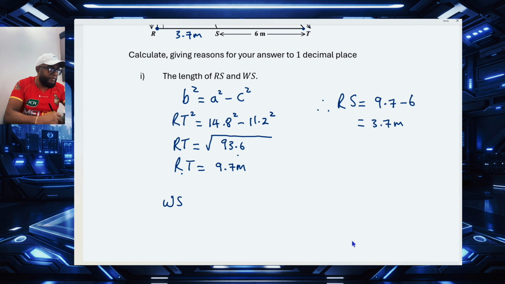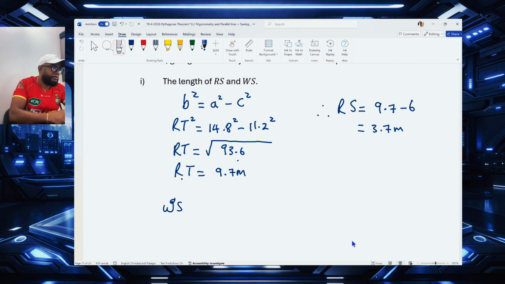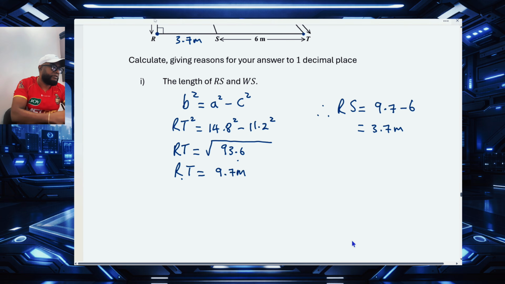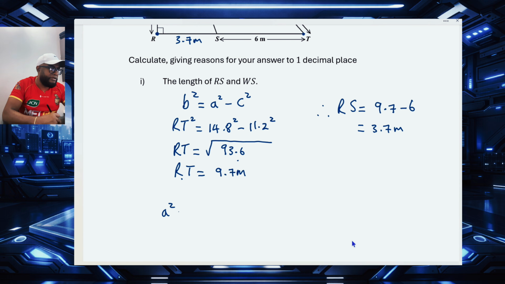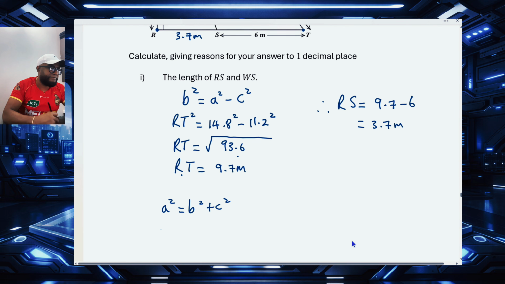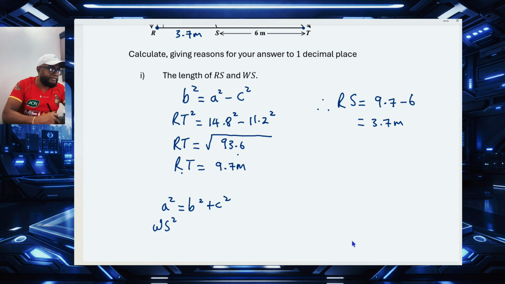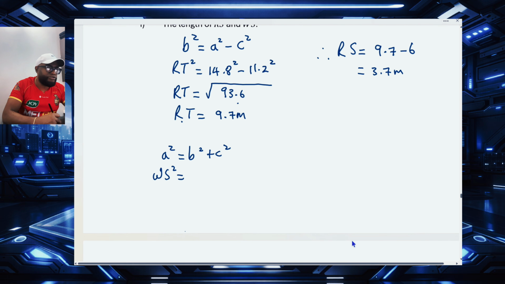For WS, let me put the formula first. It says hypotenuse, so it'll be A squared. A squared is equal to B squared plus C squared. A squared in this case will be WS. So WS squared is equal to B, 11.2, and 3.7, right?